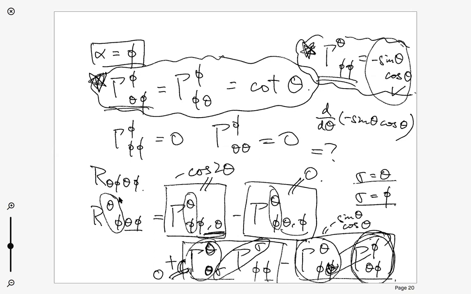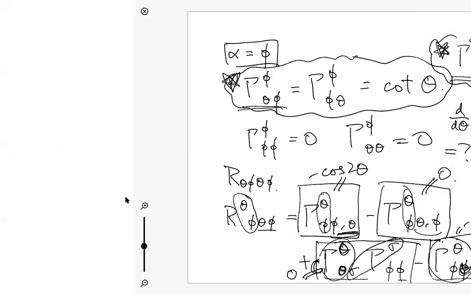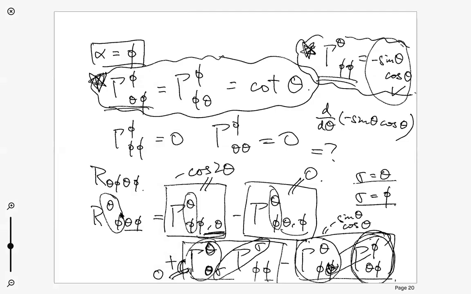The answer is just right under your nose, actually. Leon said if phi, then cotangent theta. Very good. Cotangent theta. Yes, we have this result here.